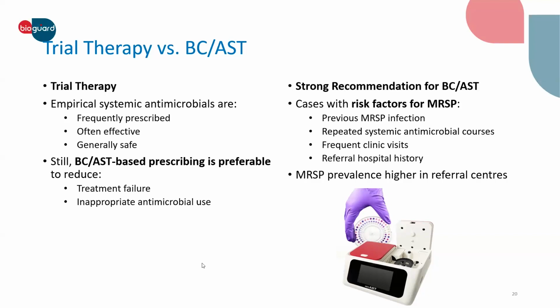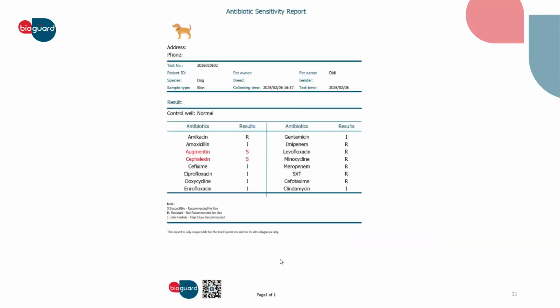And here, Bioguard just launched a mini AST clinical system. It would be an easier option for vets to use in the clinic because it can get a quick result, usually within 1 day. So the vets can make the treatment plan based on the test result.